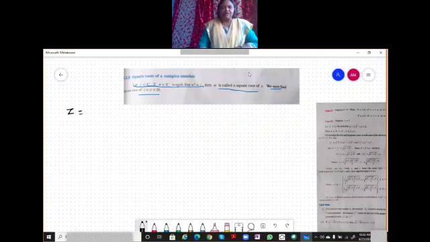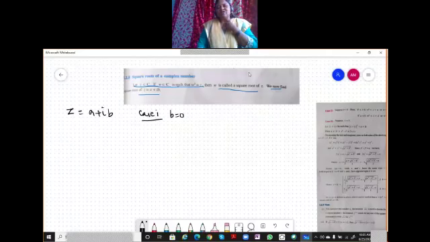See here, we have two cases. Case one is if b is equal to 0. If b is equal to 0, what is z called? z is called a real number. z is equal to a.